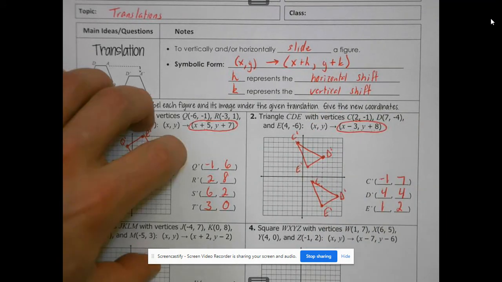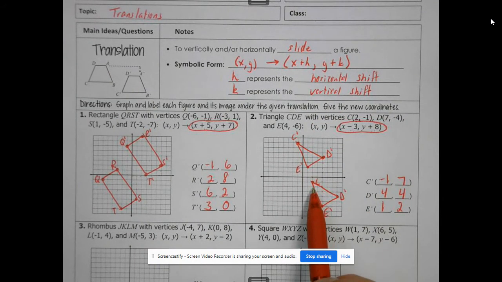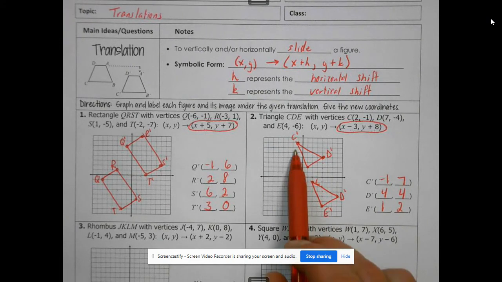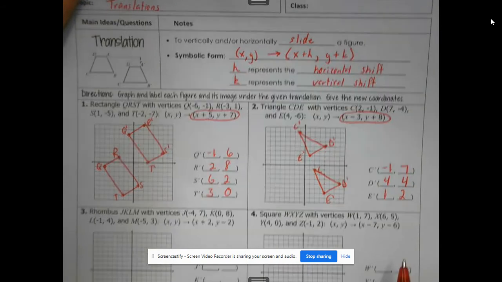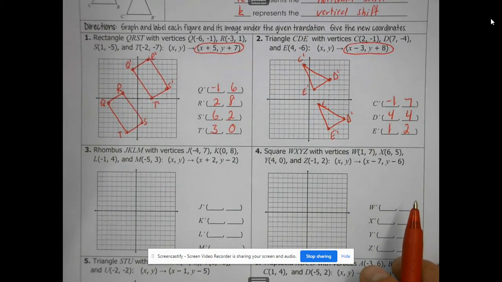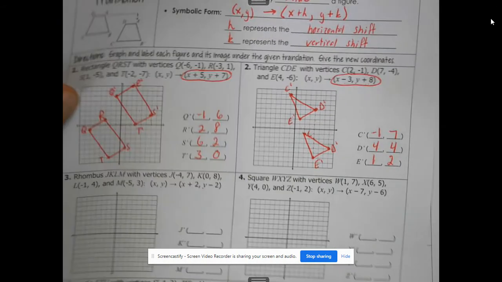And then just check to see if you did it right. Take the pre-image points, and all you did was go back 3, up 8. Back 3, up 8. If you would like to check numbers 3 through 6, you can check that from the key on the Google Classroom, second page.